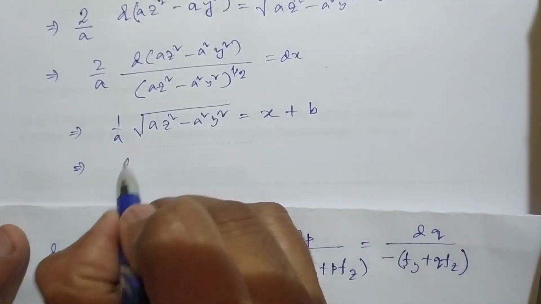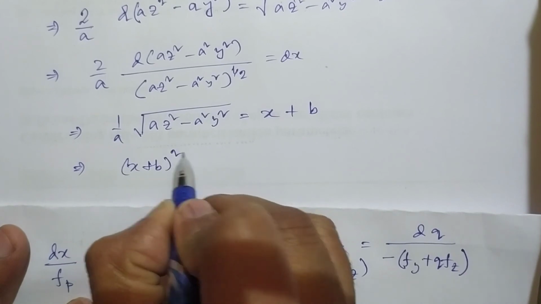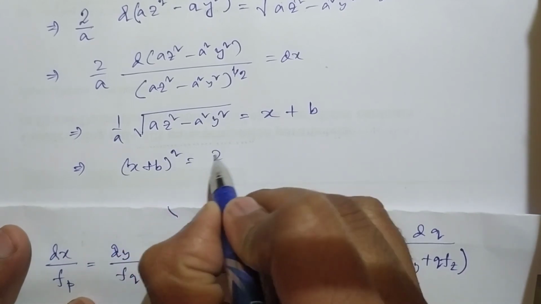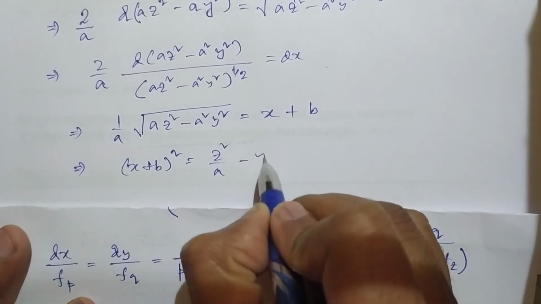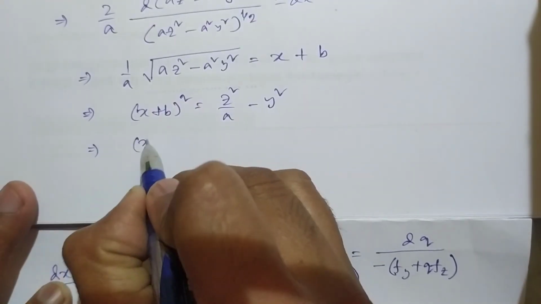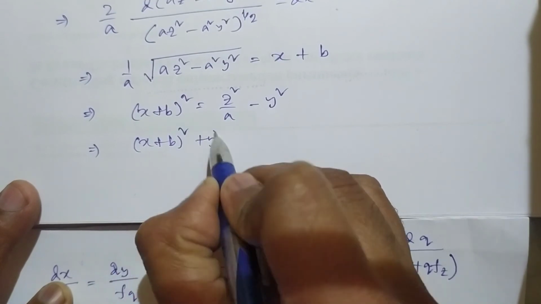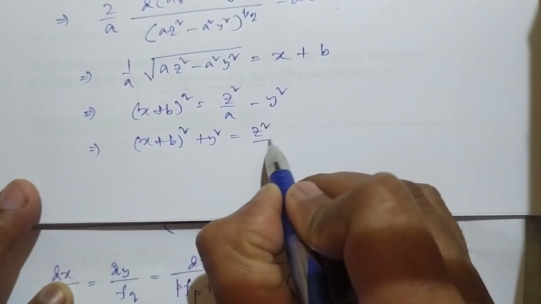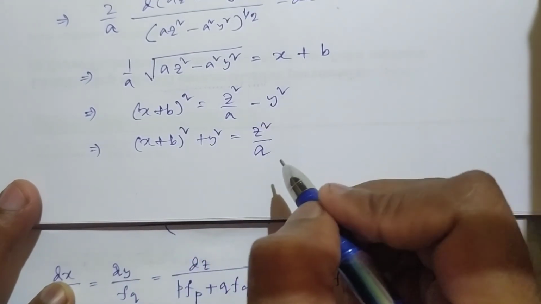So finally this can be written as (x + b)² = z²/a − y², or more simply we can write it as (x + b)² + y² = z²/a.